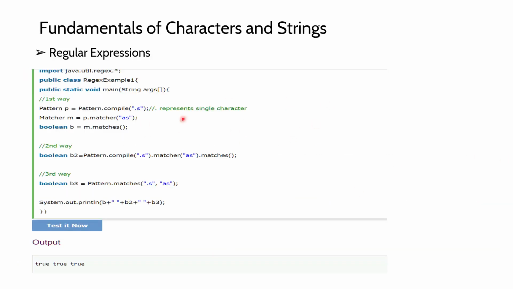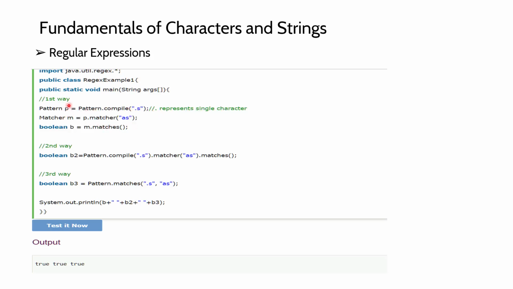And again, this is really a big help when we take a look at an example. So here is a class called RegexExample1, and we are importing the regex library. Here we have our main method, and the first way that we can actually use our regex is we're going to call Pattern.compile and then pass in there, in double quotes, ".s", which represents a single character of s.